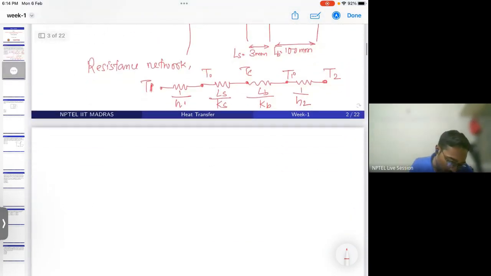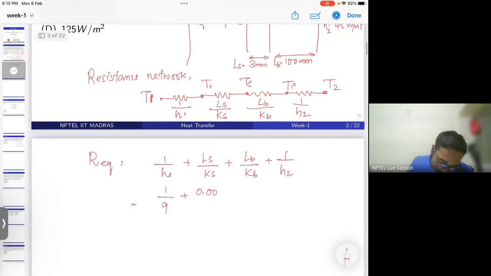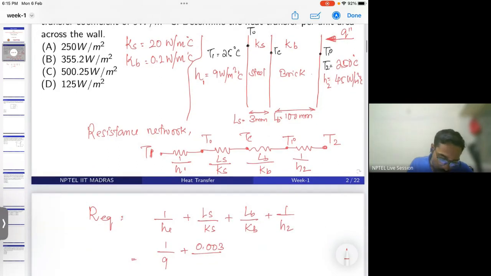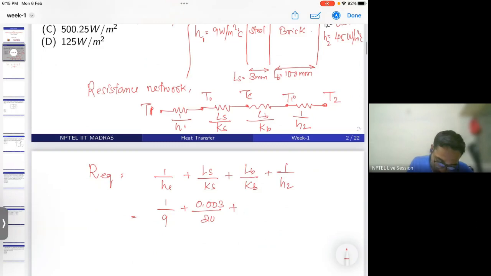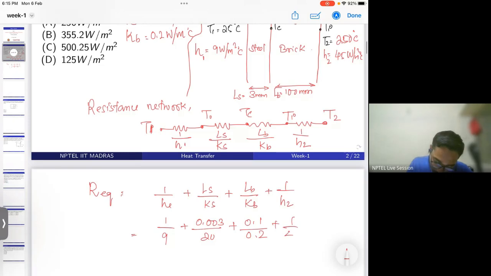So what is the total resistance? R equivalent is how much? 1 by H1 plus LS by KS plus LB by KB plus 1 by H2. So this is 1 by 9 plus LS is 3 mm, writing it in meters, 0.003 by 20, plus LB is 0.1 divided by 0.2 plus 1 by 45.